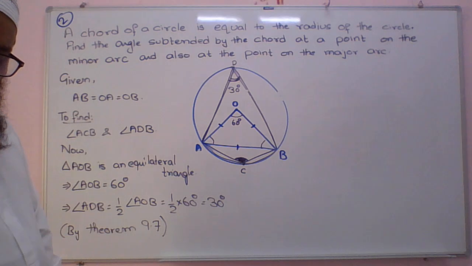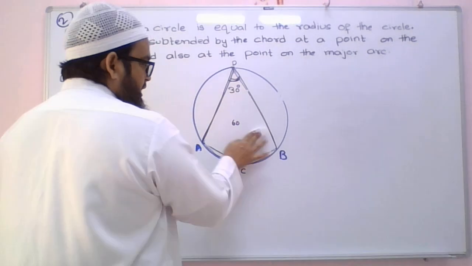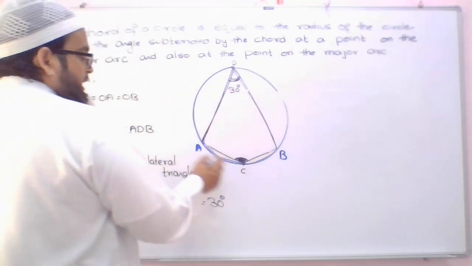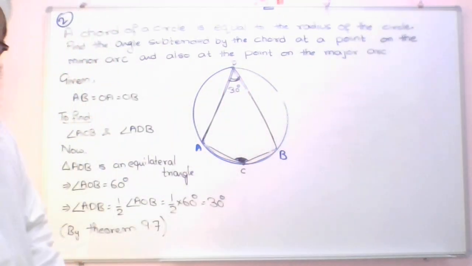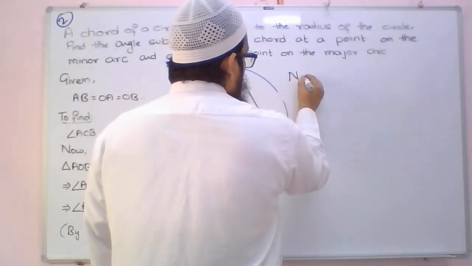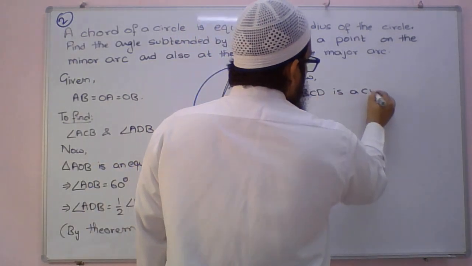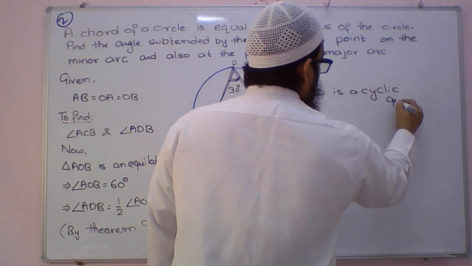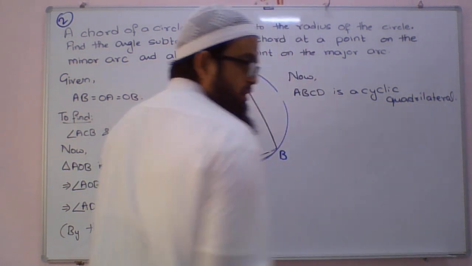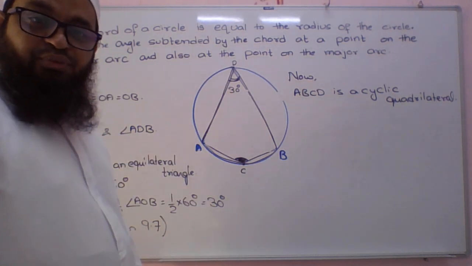Now everybody, for your understanding, let us rub this chord and the radii. So what do you see here? ABCD is a cyclic quadrilateral. Now let us write the point. ABCD is a cyclic quadrilateral. What is the property we know about a cyclic quadrilateral? The opposite angles are supplementary.